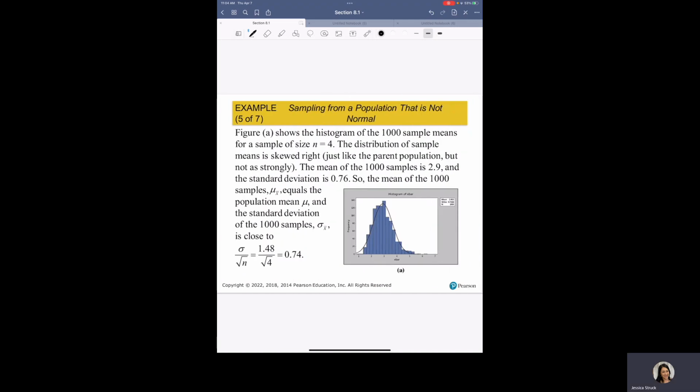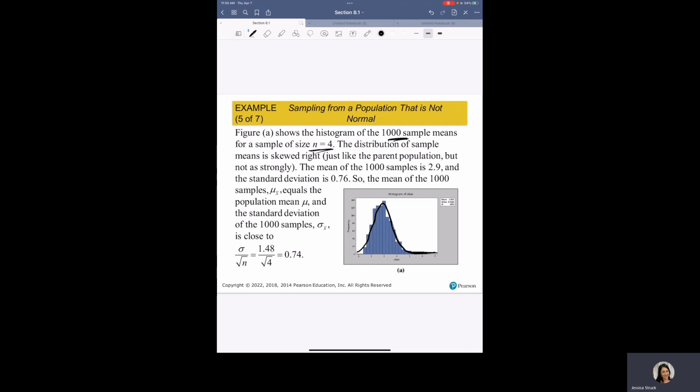When we look at the first histogram of this, we have 1,000 samples. We're going to look at how the graph shows what the mean looks like. How are the means distributed from these 1,000 samples? And remember, this is for samples of size 4. It still seems to be somewhat skewed right. The mean is 2.9.